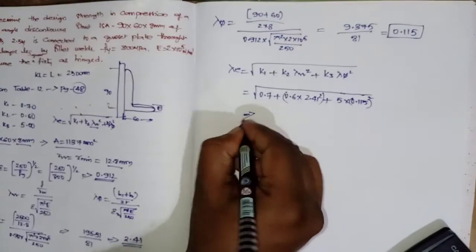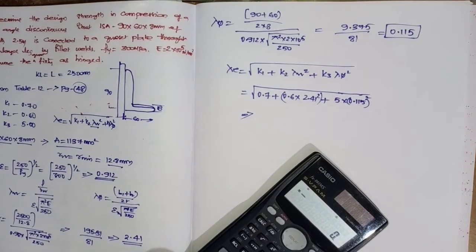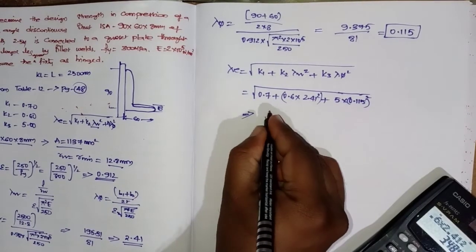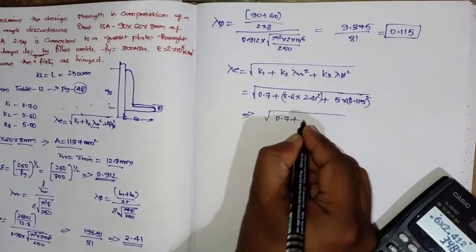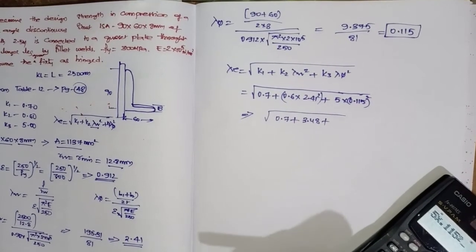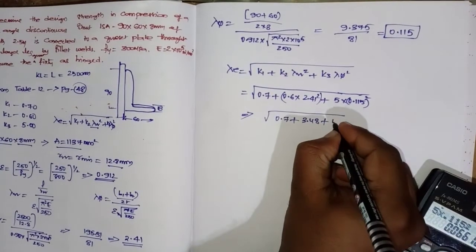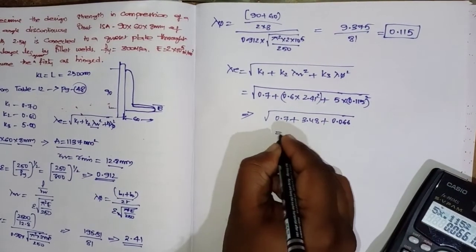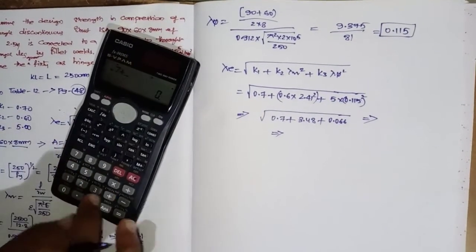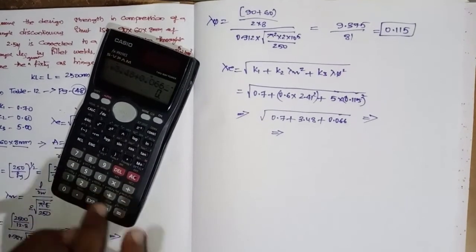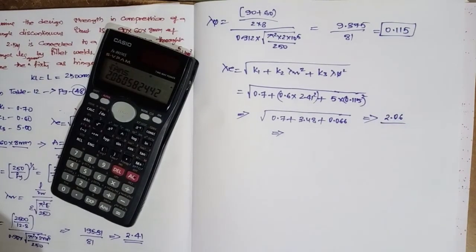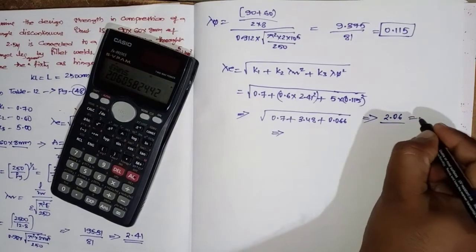So 0.6 into 2.41 square is 3.48, and 5 into 0.115 square is 0.066. Now root of 0.7 plus 3.48 plus 0.066. So how much did you get? 2.06. Okay, this is lambda E.